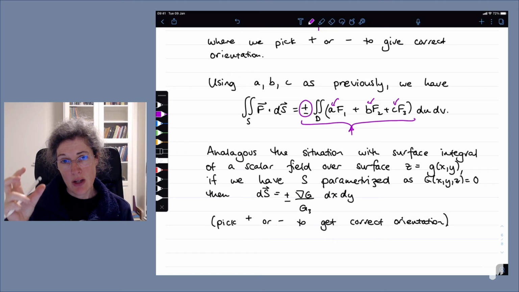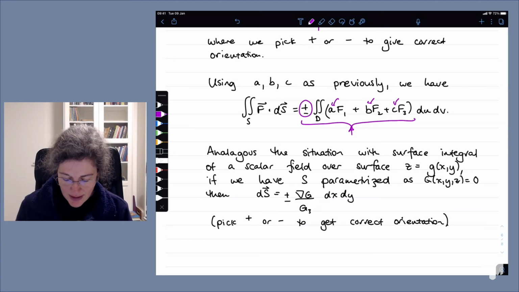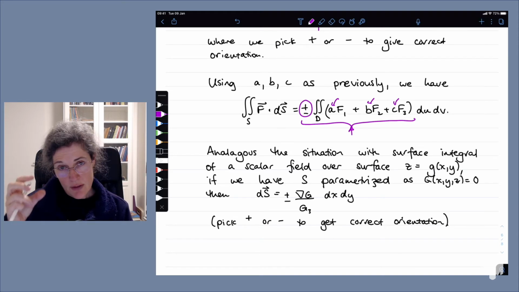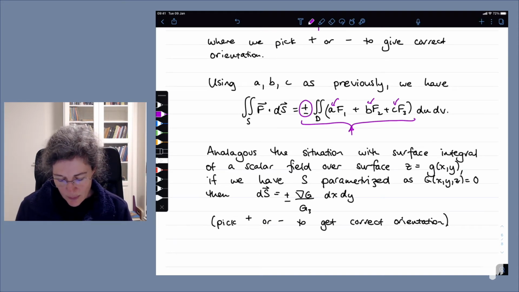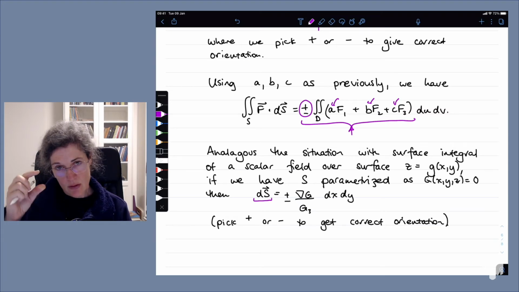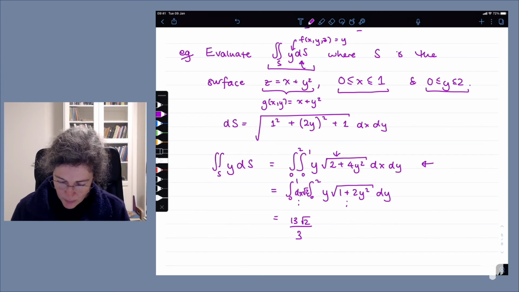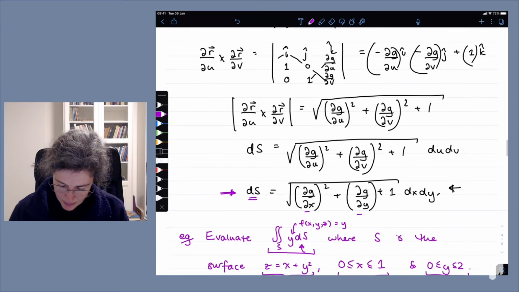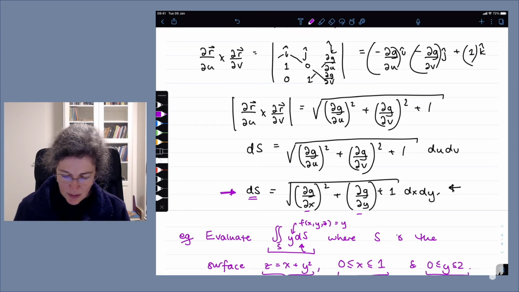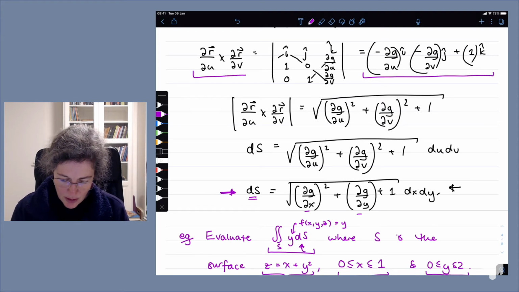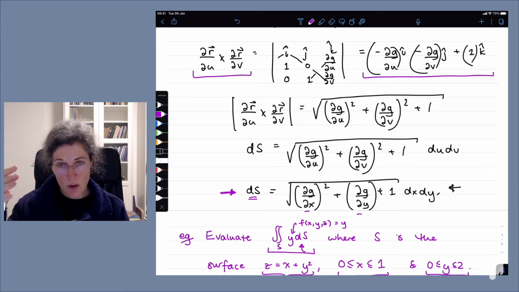Do the same calculations, converting from u and v to x and y, and you'll find that for this vector field case, our little surface element vector looks like this, which is the vector equivalent of what we found over here. So where you really want to look is up here, where we have dr by du crossed with dr by dv.